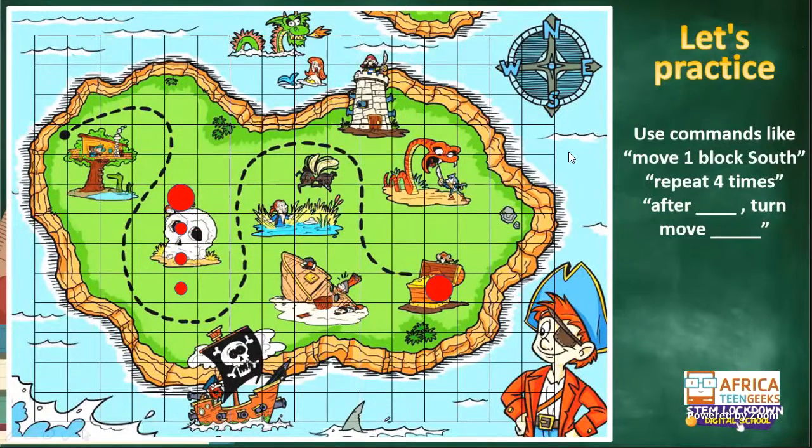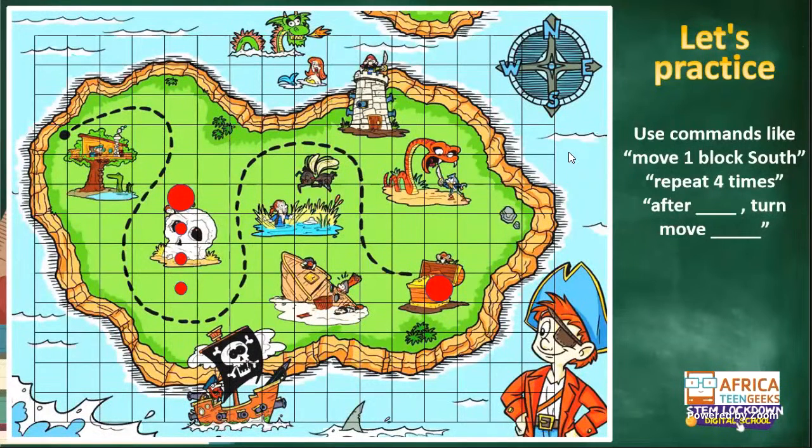Now I'm going to ask Pia. Do you want to tell me which direction we will move now to get to the treasure? Okay, where do we need to go? East. Very, very good.